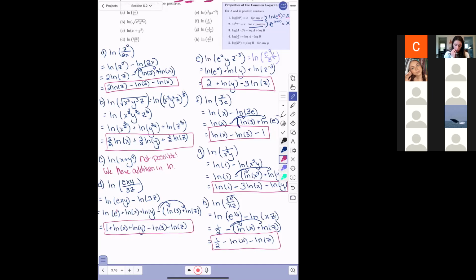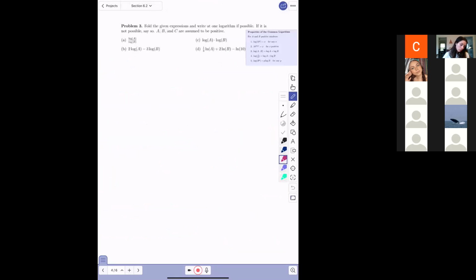Okay, moving on to the next problem, problem 3. Fold the given expressions and write as 1 logarithm if possible. If it is not possible, say so. A, B, and C are assumed to be positive. Okay, so now this is a little backwards from what we were doing.